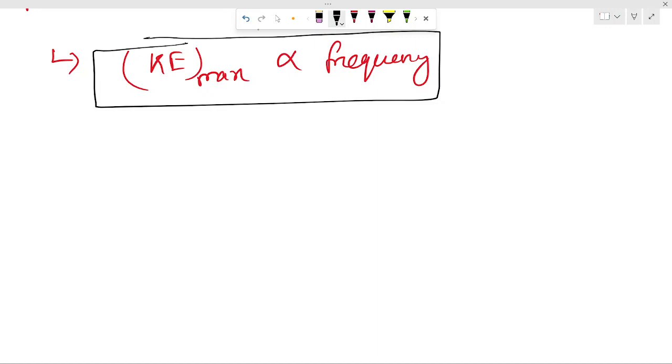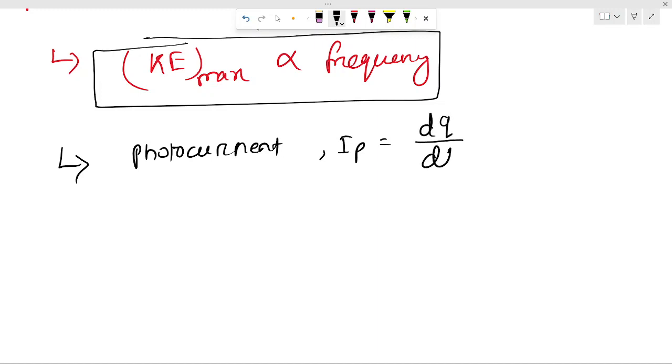The second one is the photocurrent. If I have to derive the expression for photocurrent, how can I write it? i p, the photocurrent, is equal to dq upon dt, which is d upon dt of q, where q is the charge, the number of electrons into the charge of electron, that is e dn upon dt.